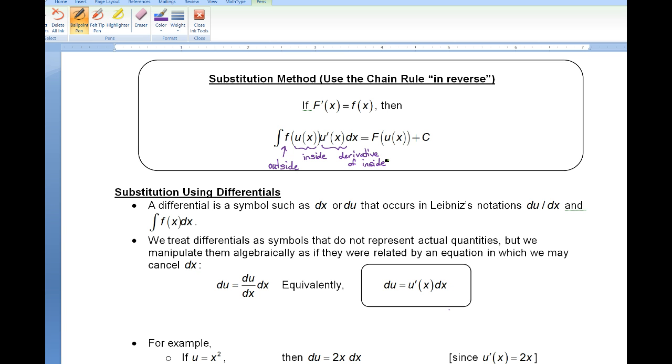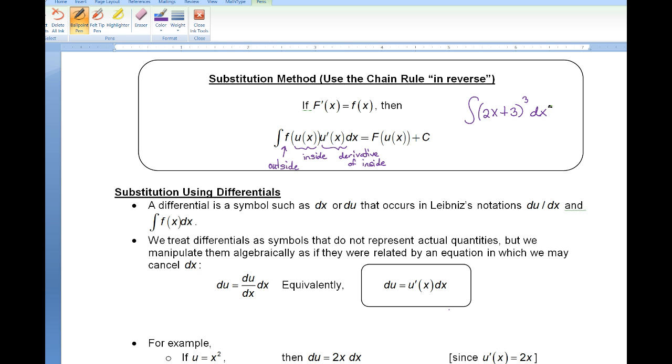So when you have a composition of functions, you remember what composition of functions would look like? Let me give you an example. Let's say 2x plus 3 to the third dx.